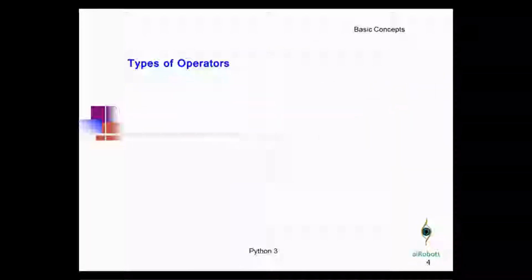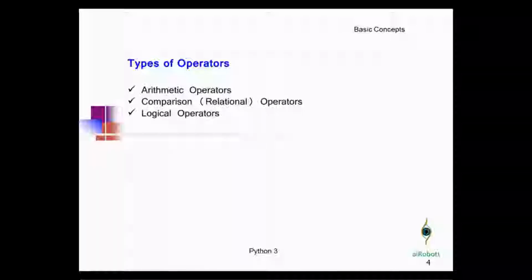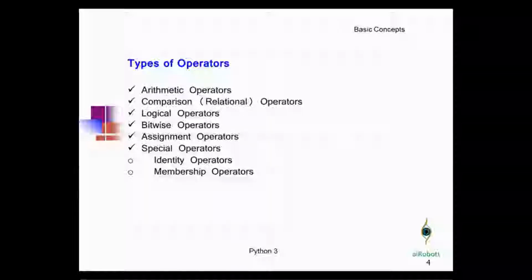Types of operators: arithmetic operators, comparison or relational operators, logical operators, bitwise operators, assignment operators, special operators, in that identity operators, membership operators.